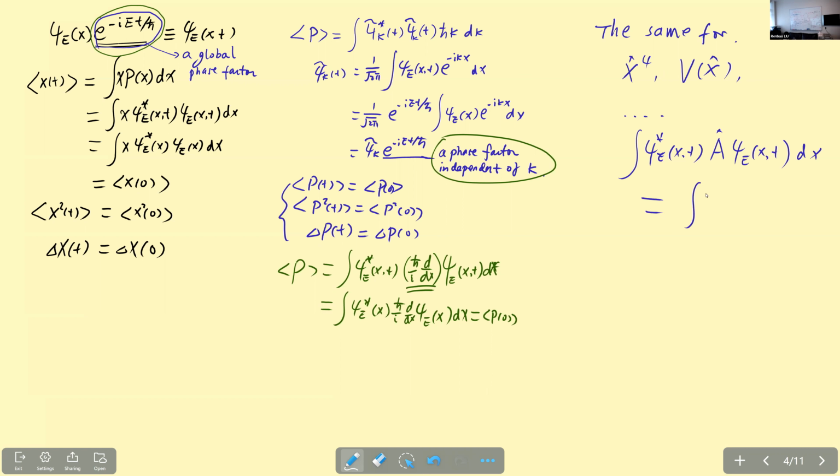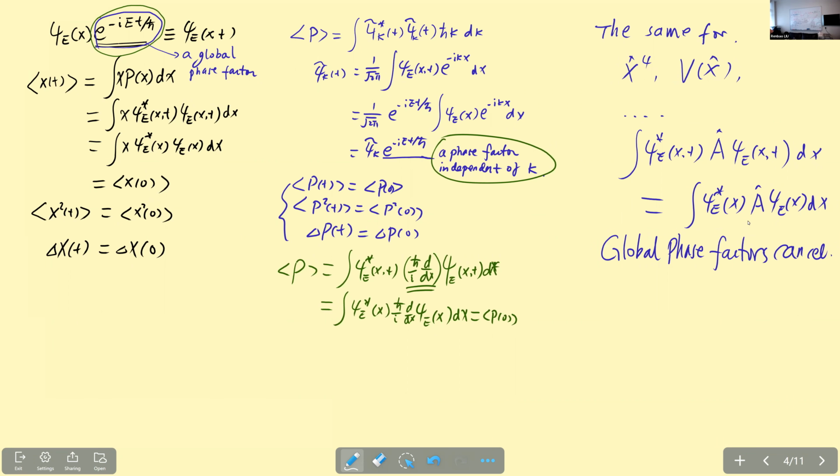It actually equals the integral of psi(x) A psi(x) dx, right? Because the global phase factor cancels. If we take the complex conjugate of this wave function and multiply, you can see that the global phase factor always cancels, okay?